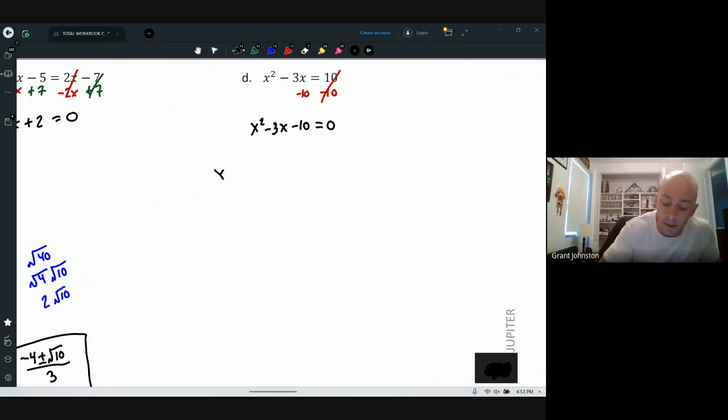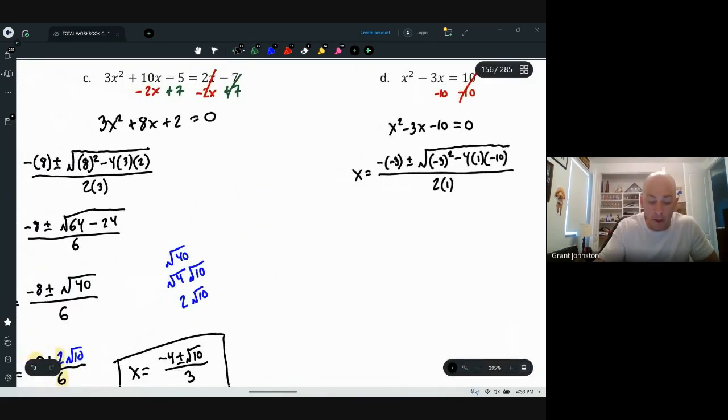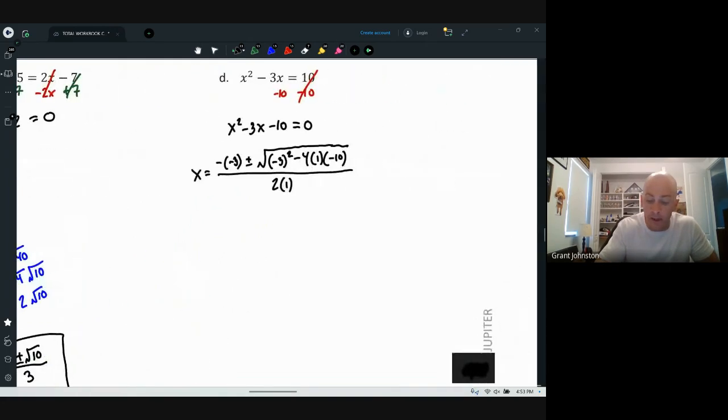X equals -b, so it'd be -(-3) plus or minus the square root of b squared, so -3 squared minus 4 times a times c, over 2 times a, and a is 1. I guess I never really wrote out what a, b, and c were on this, but hopefully you understand that.